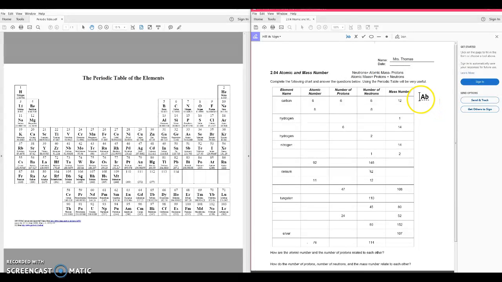What I'm going to do is use my periodic table today and find out which element has these atom properties that are listed. For example, you might get to the second problem and say, Mrs. Thomas, I don't know what element this is. It's blank. Well, you get to be the science investigator and try to figure out which element has the atomic number of 8.